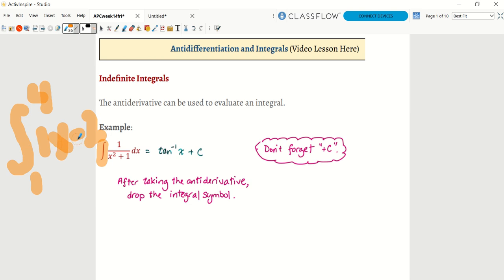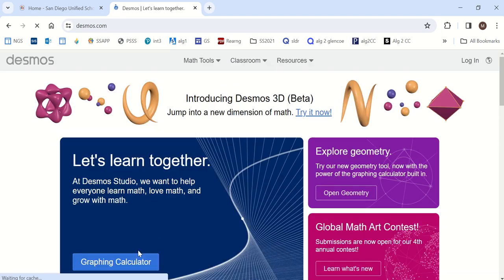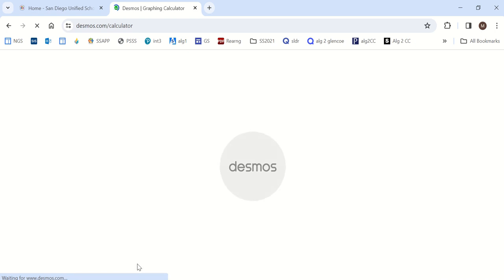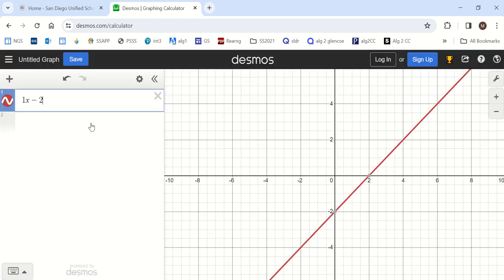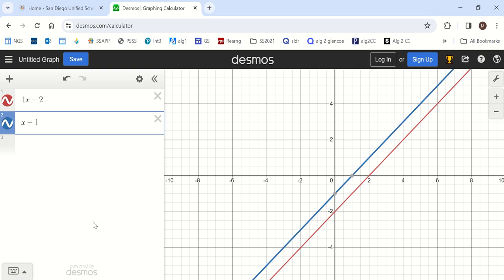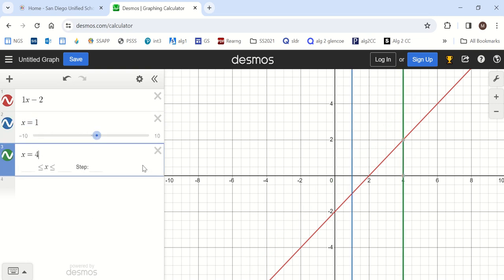in this case a line with a positive slope, and we are looking for, so let's go like this, okay, I said 1x minus 2 here, and I said x equals 1 and x equals 4.